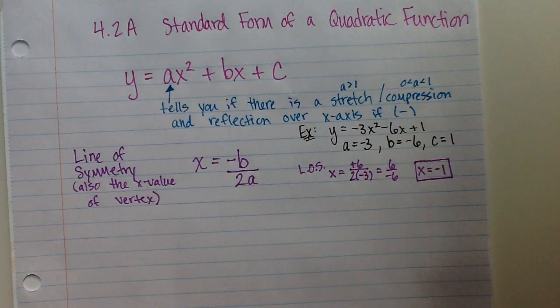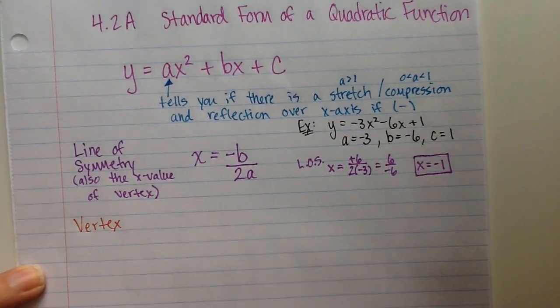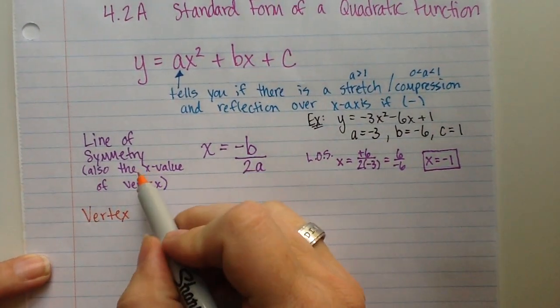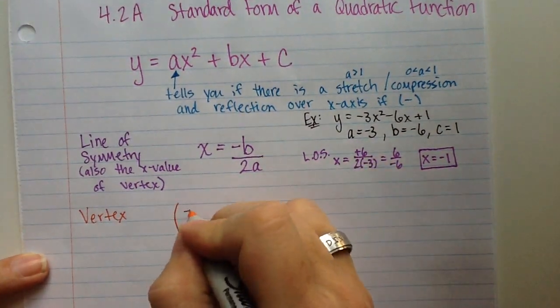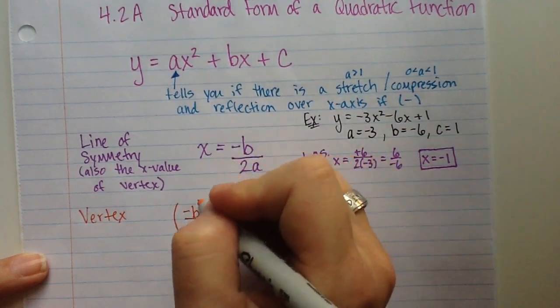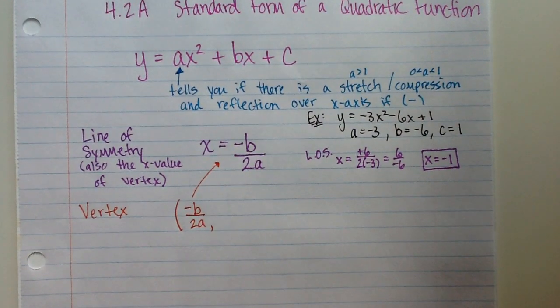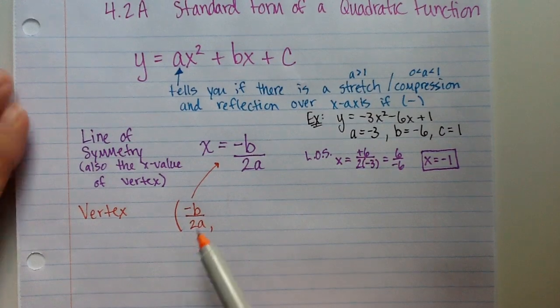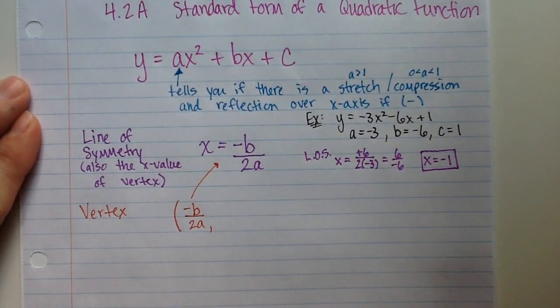For the vertex, remember we said the line of symmetry is the x value of the vertex, so the x value is going to be opposite of b divided by 2a that we get from here. And then to get the y value, what we're going to do is we're going to have to substitute that number in to our equation and work out the y value.